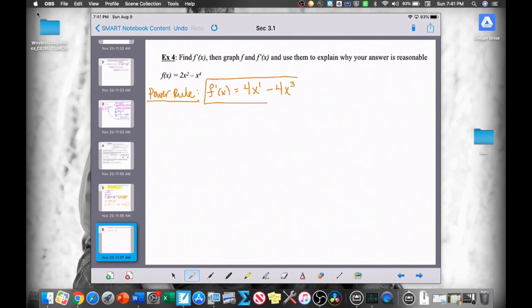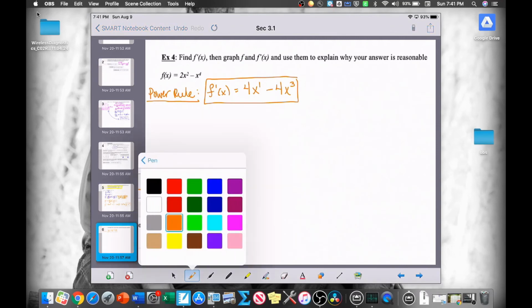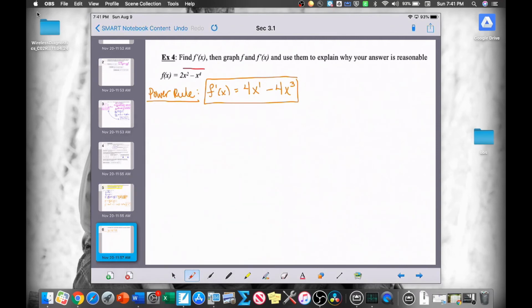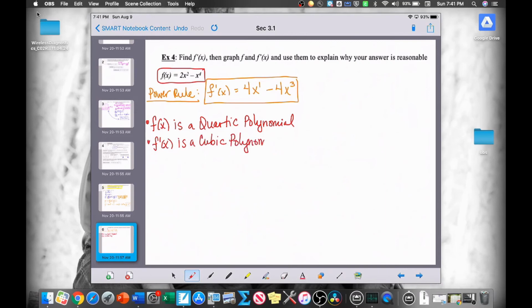Okay, so thinking about what we have here, let's just jot some information down. f of x is a quartic polynomial. f prime of x is a cubic polynomial, as it should be, because we should always be 1 degree less if we are differentiating a polynomial.